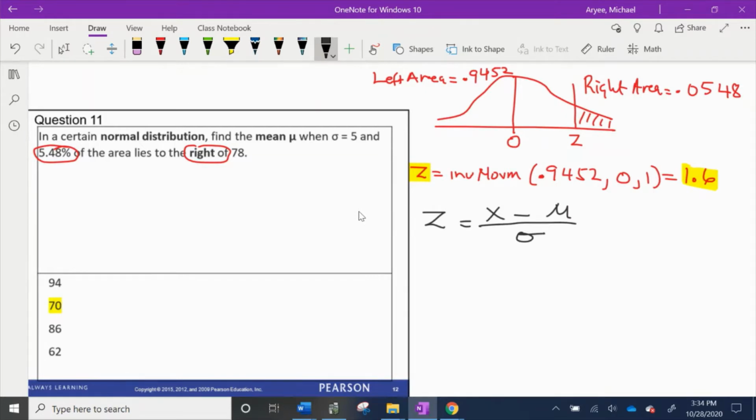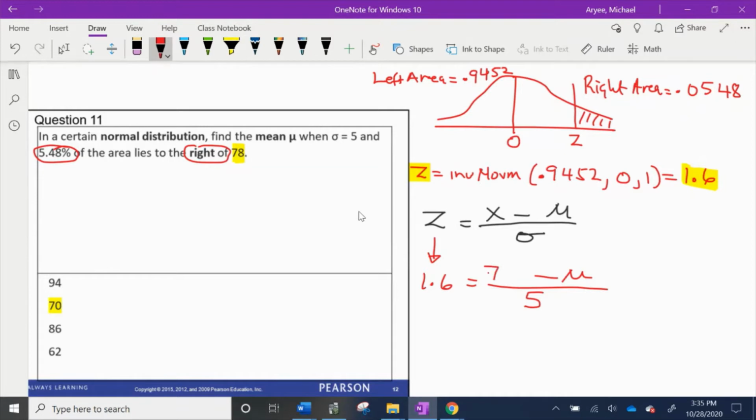So that's the formula you're going to use. The z we just got is 1.6, right? Now, they said we should find mu. So for sure, we don't know mu. But they said the standard deviation is 5. So obviously, the only number that is left is the x value. So 78 is the x value.